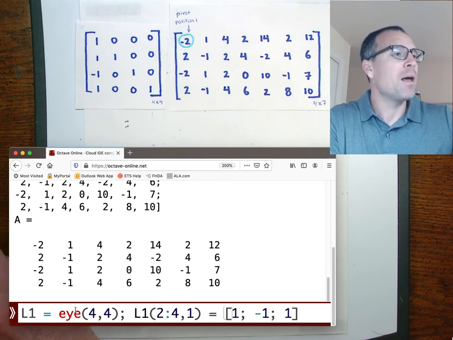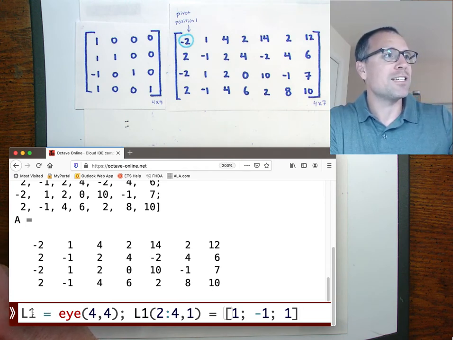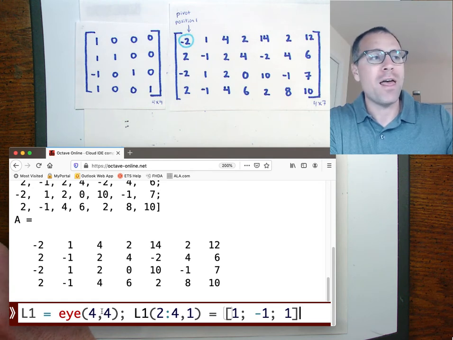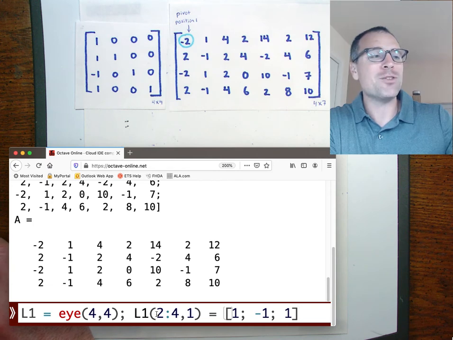Here in Octave, we see to set L1, first we use the eye function, E, Y, E, and this is going to be a 4 by 4 matrix. That line of code right there produces the identity matrix with 4 rows and 4 columns. The next thing we're going to do is to set the entries in positions 2, 3, and 4 in column 1.